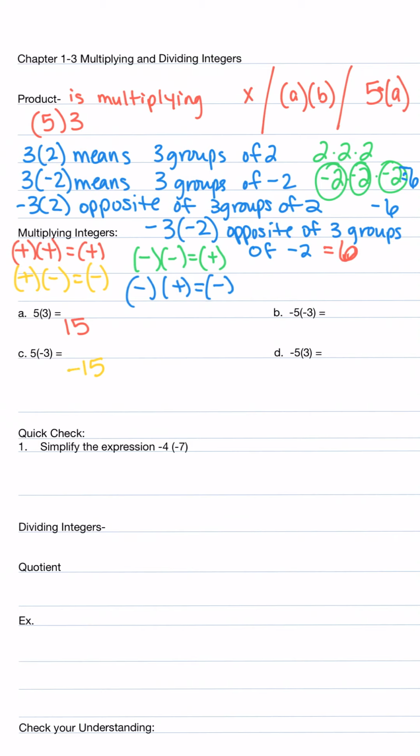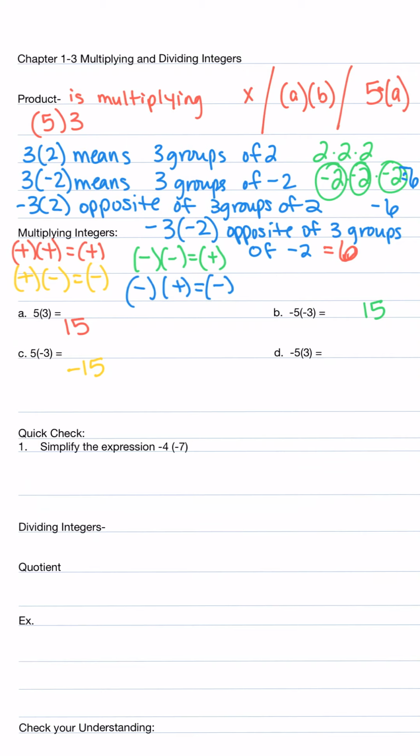Then we have negative 5 times negative 3. So the opposite of 5 groups of negative 3. So that is going to equal, or if we look at our green up here, 3 times 5 is 15. A negative sign plus a negative sign is a positive sign.